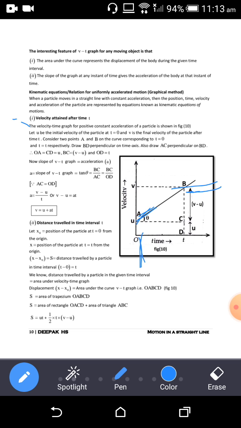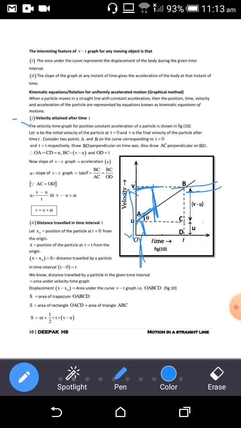Next, BC is what? If we consider this completely from here to here as v, and if we take this one as u, obviously the distance from here to here will be v minus u. Correct. So we will consider BC as v minus u and OD is equal to t.